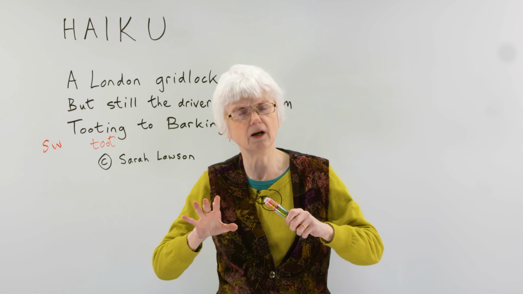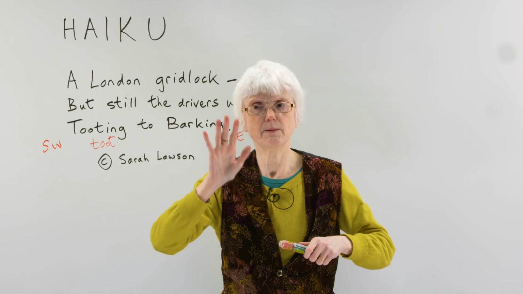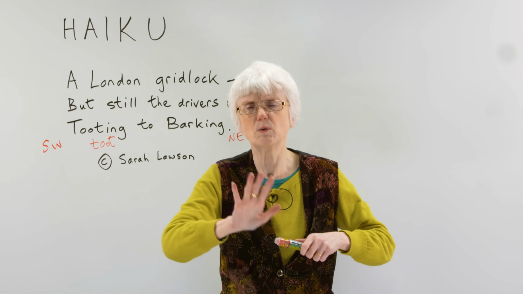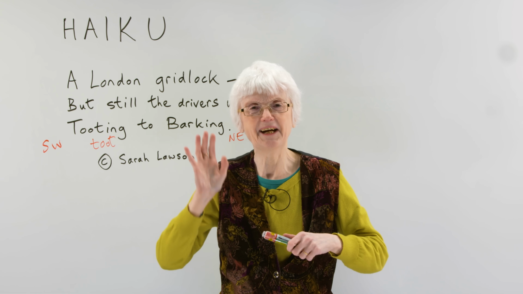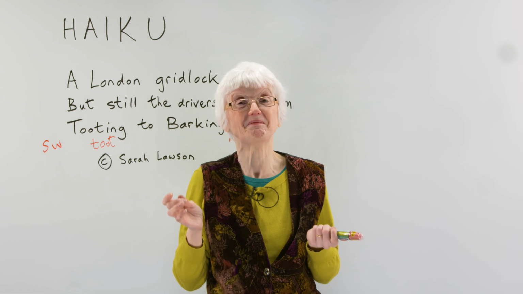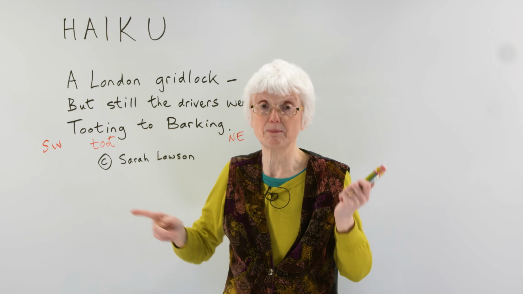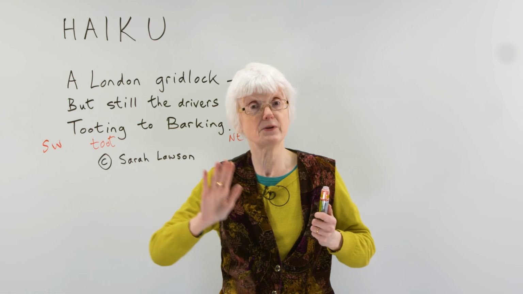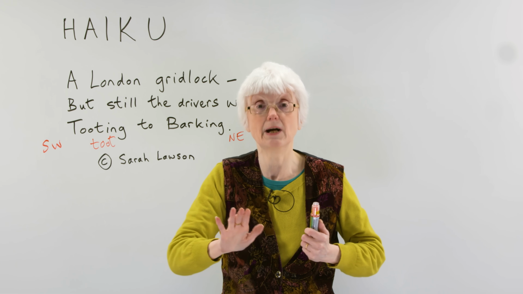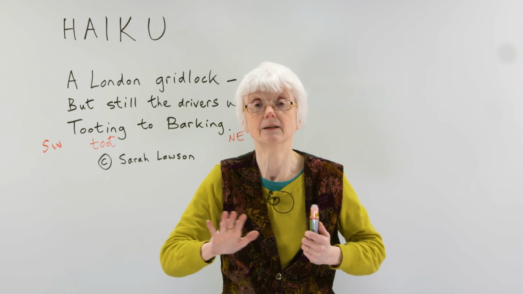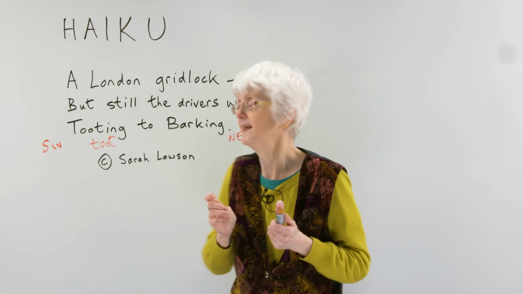So when you're in a car and you sound the horn, usually press the middle of the steering wheel or something and go burr, burr, burr, burr, that's tooting. So the double meaning is there's the place called Tooting, but there's also the sound and the action, the verb tooting. The drivers are tooting, okay, making a lot of noise, trying to get through.